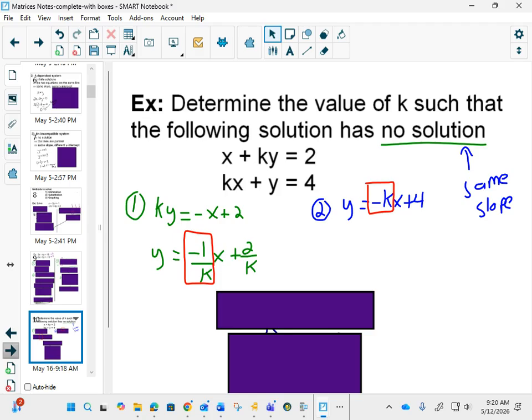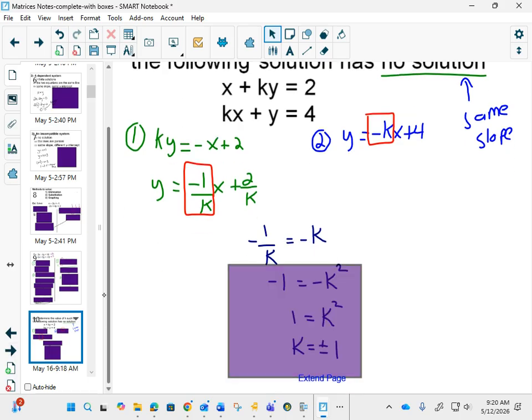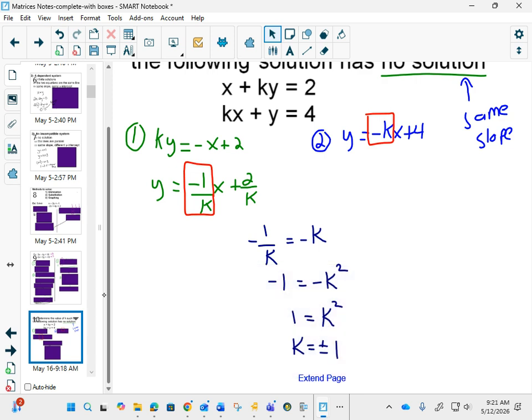The y-intercept actually doesn't matter whatsoever. So if I want no solution, I need, well, the y-intercept could come into effect. I'll talk about it just a tiny little bit at the end. But if I make those two red boxes the same, and I solve for this, I get k is plus or minus 1.